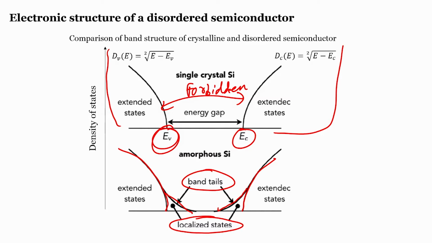Localization is a quantum mechanical phenomenon. So we won't go into much detail, but I will just give you a brief introduction of what these localized states are and how they create such a big difference as far as electronic transport is concerned between a single crystal and an amorphous silicon. So let us have a look at it.